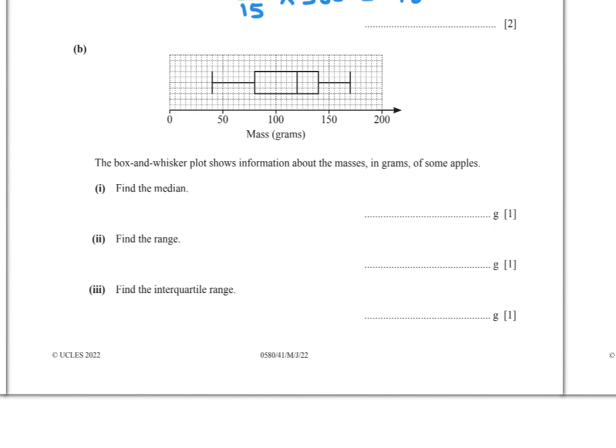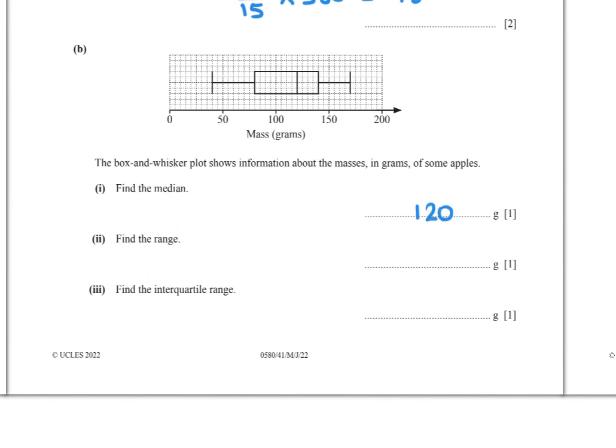What is the value for the median? We have 100 and 150, with 10 divisions between them. Each box is 5. So it's 105, 110, 115, 120. The median is 120.